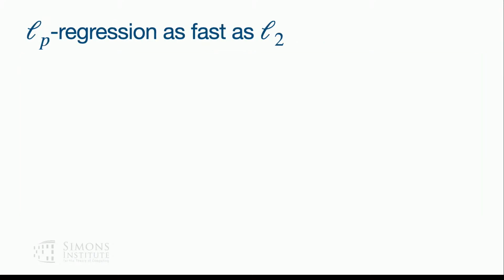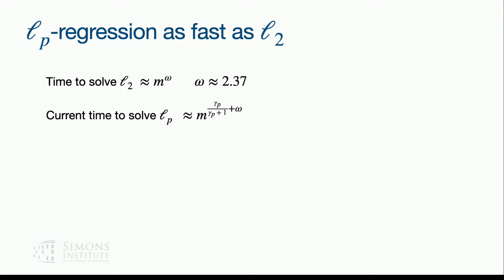Okay, so one more advantage of using these multiplicative weight frameworks where you're solving linear systems is that you can use inverse maintenance data structures that allow you to speed up algorithms by not solving the quadratic problem at every iteration. The current time we have that solves this is something like m to the 1/3 plus omega, where omega is the matrix multiplication time.